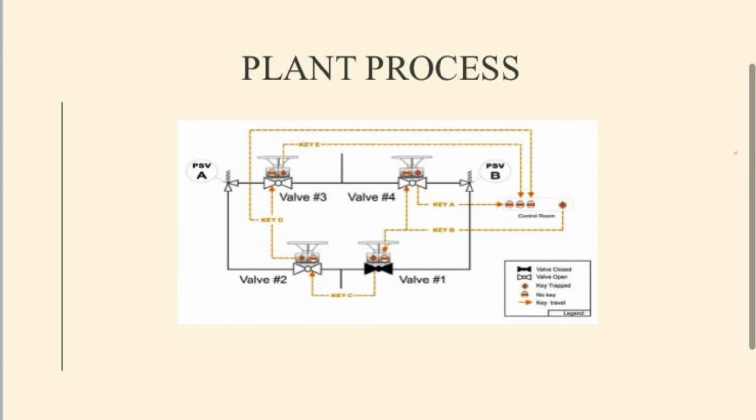To change the valve position, open to close or close to open, two keys need to be inserted into the lock assembly. The free key can only be released when the valve is in the open or closed position. Alternatively, a single key interlock only allows removal of the lock open or closed key when the valve is in the correct locking position.